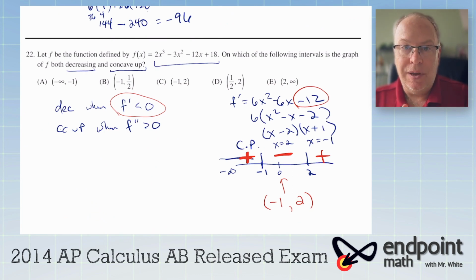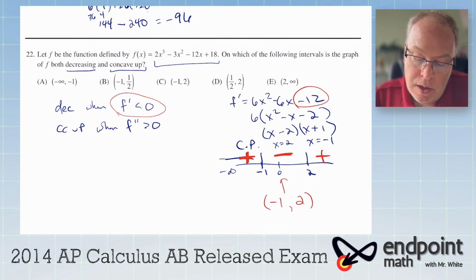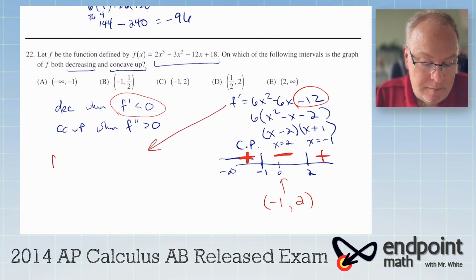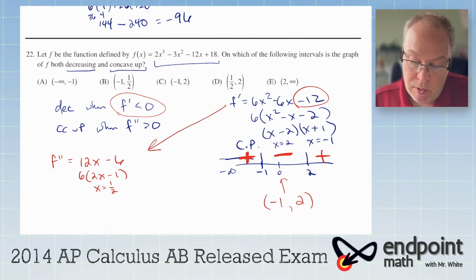We still have to look at the second derivative to see where the overlap is on that number line. So let's come over to the side here. I'll use red over here. I'm going to do the second derivative so that I can do a sign chart on that. That's 12x minus 6. If you factor that, that's 6 times the quantity 2x minus 1. If you set that equal to 0, you see x equals 1/2 is the critical point.